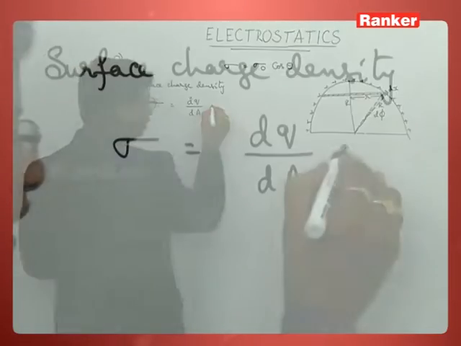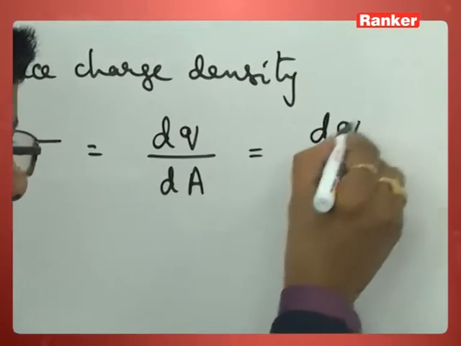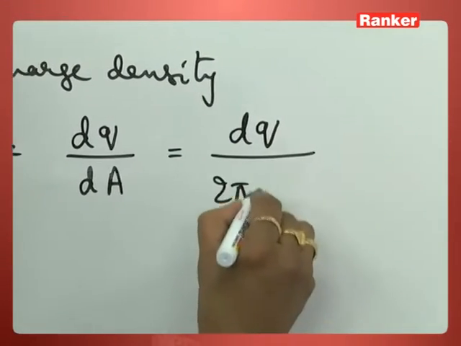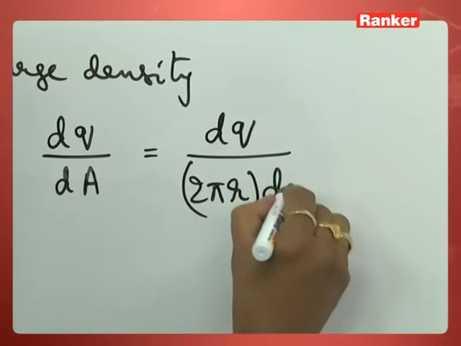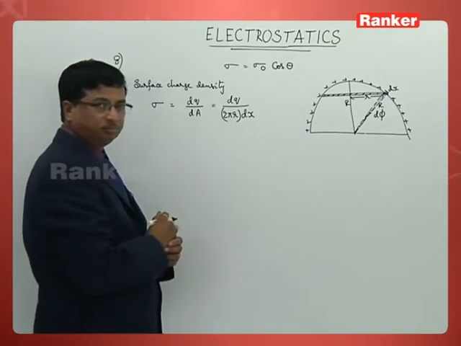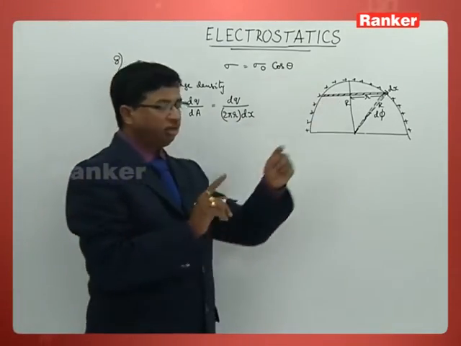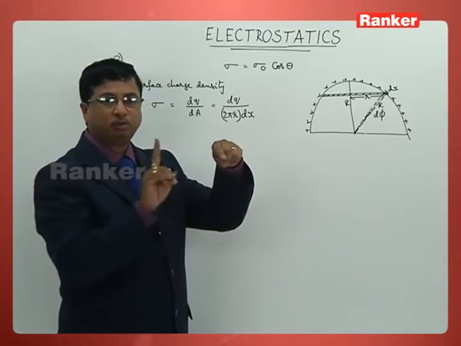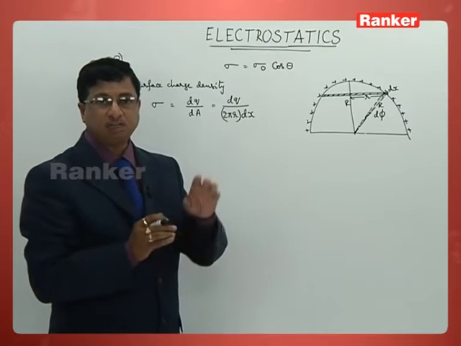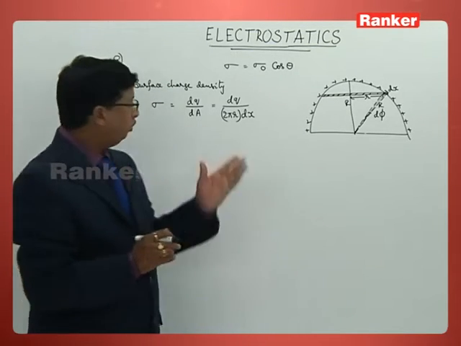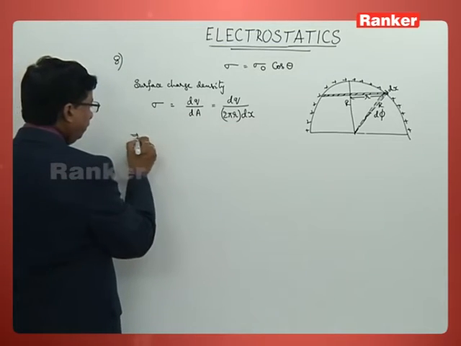So what can we write now in this case? dq by 2 pi r into dx, of this element which is circular by nature, which we have considered. That is important.